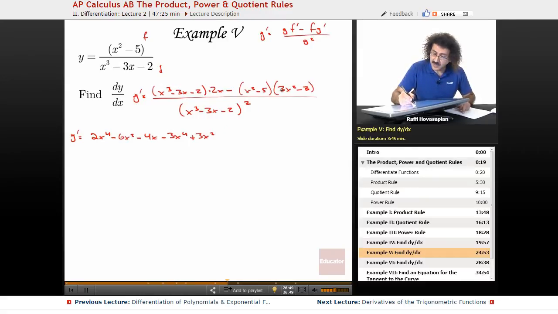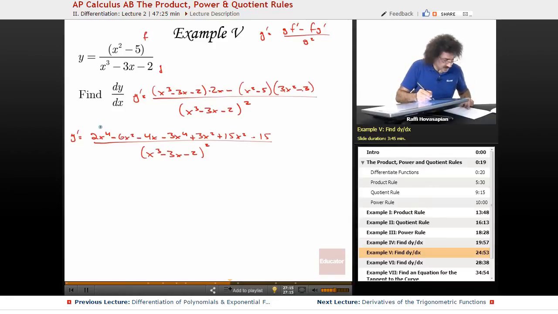This times this is minus 15x squared, so it's going to be a plus 15x squared. This is minus 5 times minus 3 is plus 15, so it's minus 15, all over x cubed minus 3x minus 2 squared, and then we put it together.